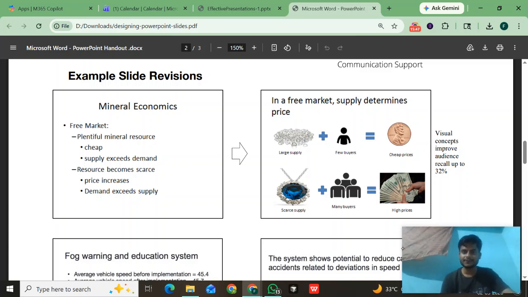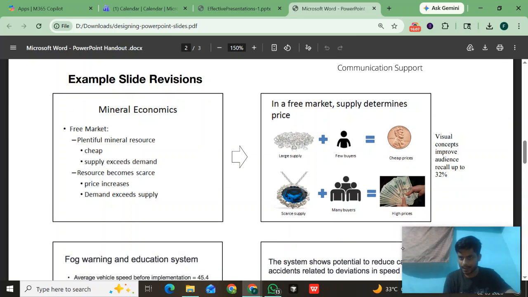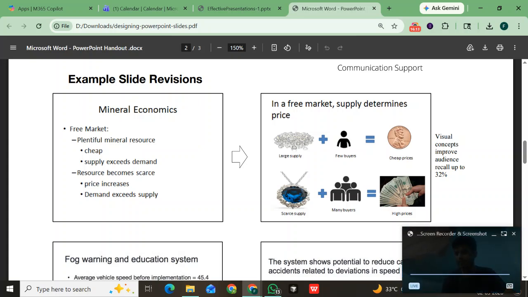First of all, we have a clear heading: in the free market, supply determines price. So that is the purpose. Here, large supply plus few buyers is equal to cheap prices. Scarce supply and many buyers is equal to higher price.